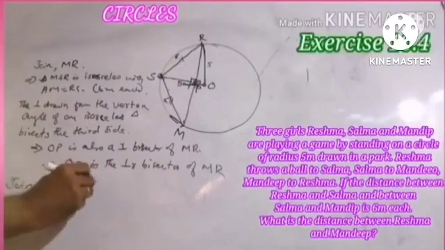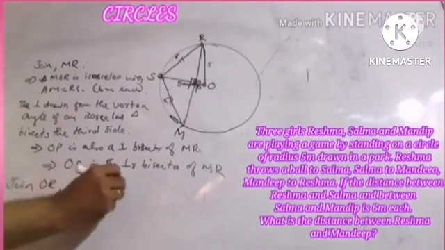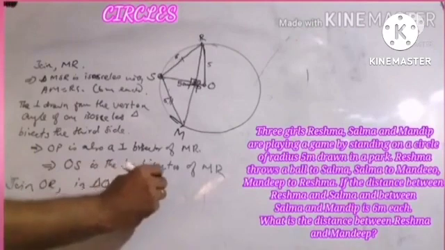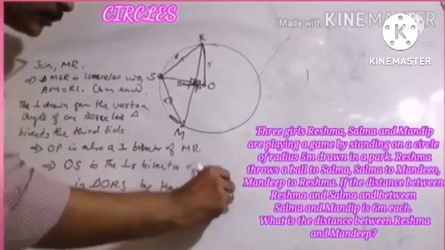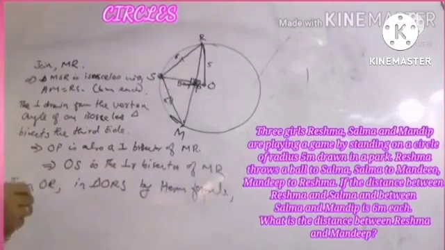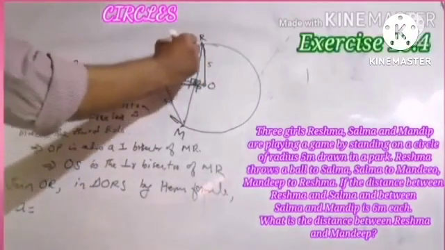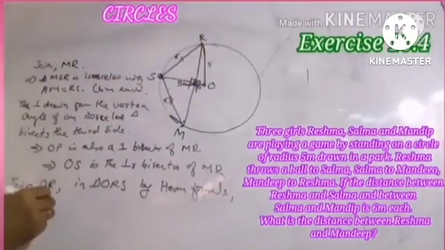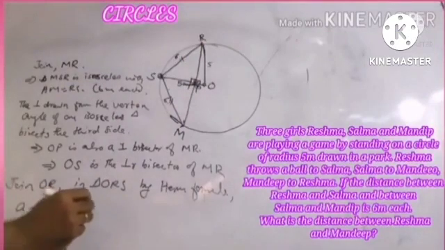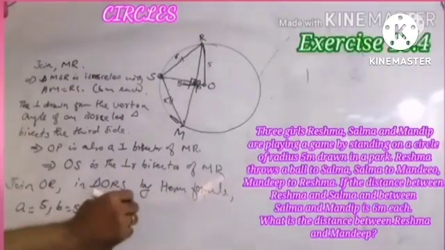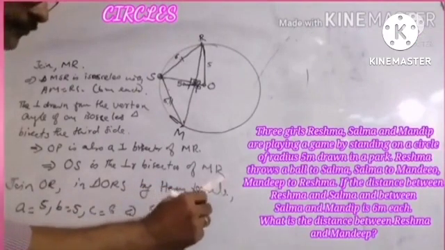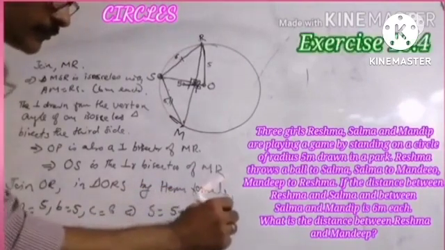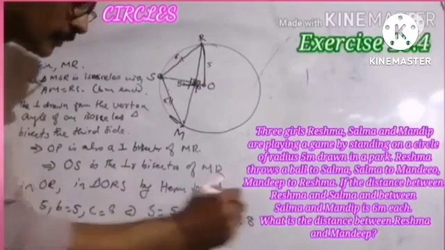Now, in triangle ORS, by Heron's formula, the three sides A, B and C are 6, 5, 5. A equals 5, B equals 5, C equals 6, which implies S equals (5 + 5 + 6) by 2, that is 16 by 2, equal to 8.